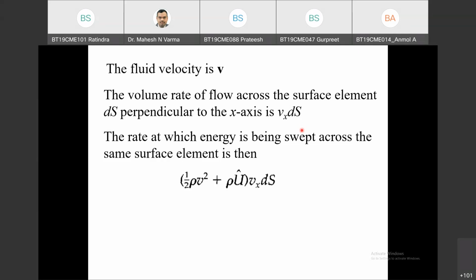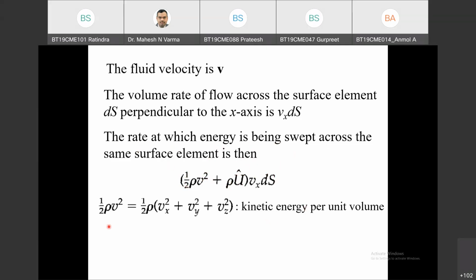So here we will consider this is the total energy per unit volume. This will be kinetic energy and this will be internal energy: the kinetic energy per unit volume and the internal energy per unit volume. So the total energy per unit volume multiplied by the volumetric flow rate will be the rate at which energy is being swept across the surface.